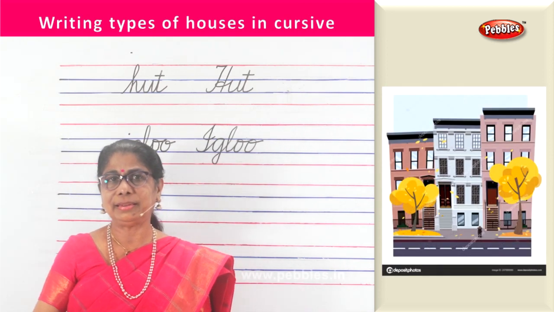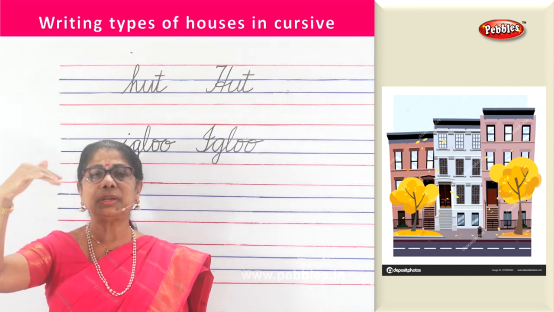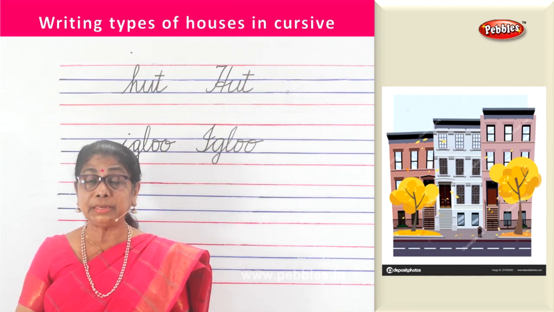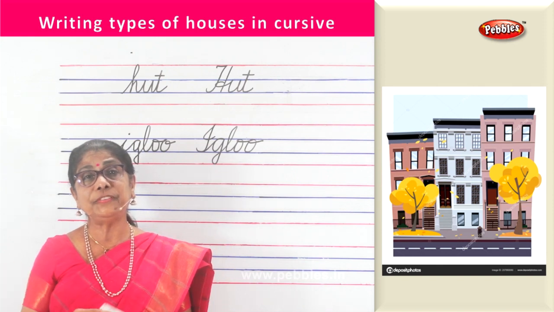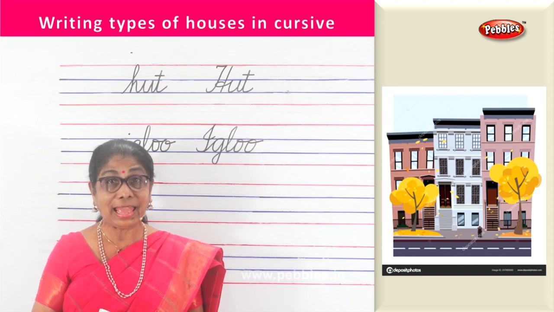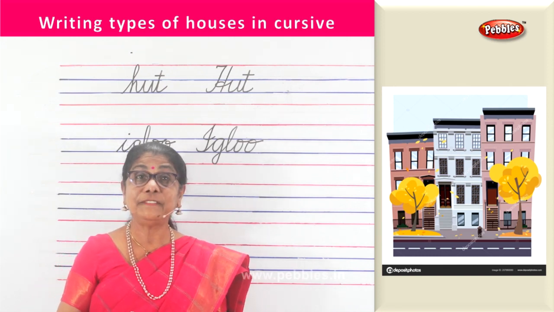Now, in the cities, some people live in flat. What is flat? Number of houses. First floor house, second floor house, third floor, like flat. It's a house, but in one flat, each floor, different people, families can live. Spell flat. F-L-A-T, flat.